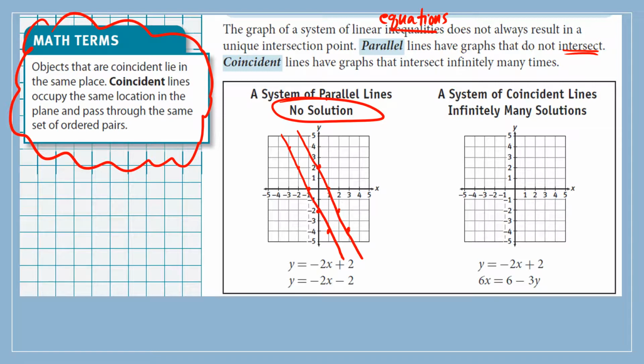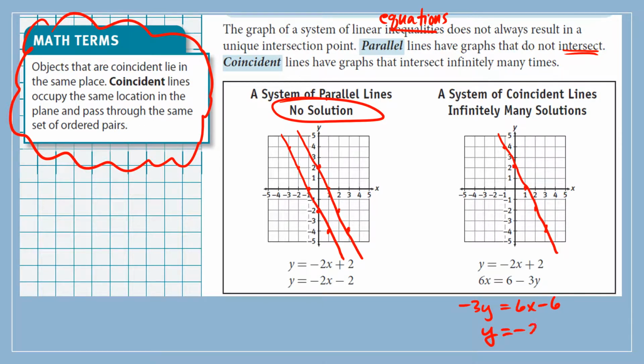So this would look like, if I graph the first one, that's that same line again. Looks familiar. So that's that line. And then this one, if I solved it for y, I'd get, let's see, if I minus 6 from both sides, I'd have -3y equals 6x minus 6, then divide by -3.